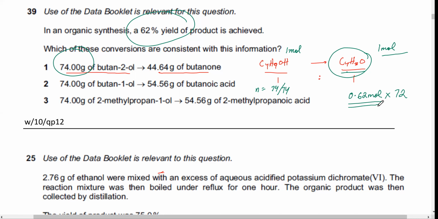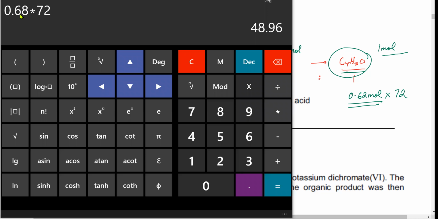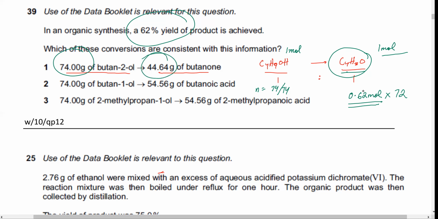No, check its Mr again. 48 plus 16 is 64 plus 8, 72. 72 into 0.62. Yes, I had written 0.68 wrongly. So 0.62 times 72. That gives me 44.64 grams, and that is exactly it, so this first statement is true.